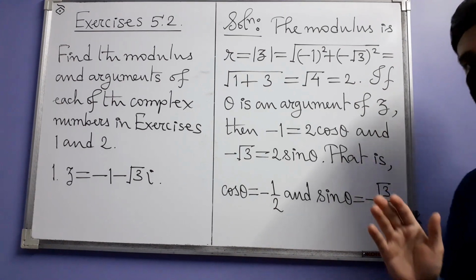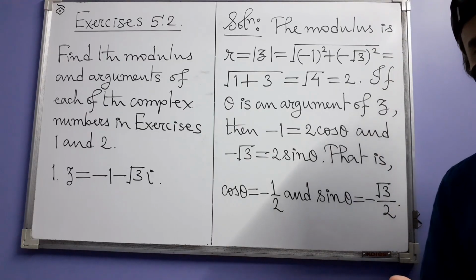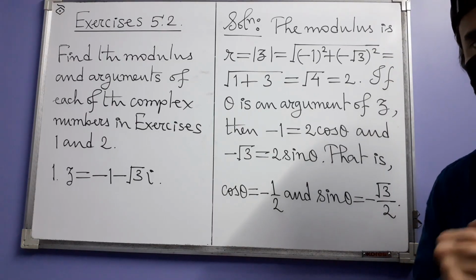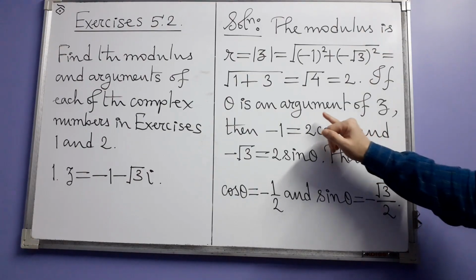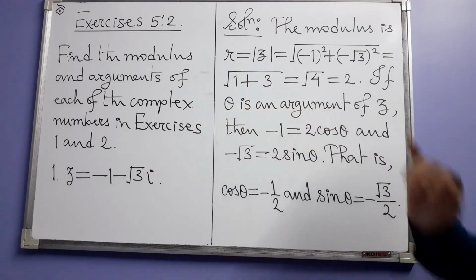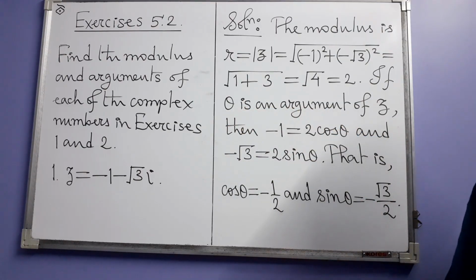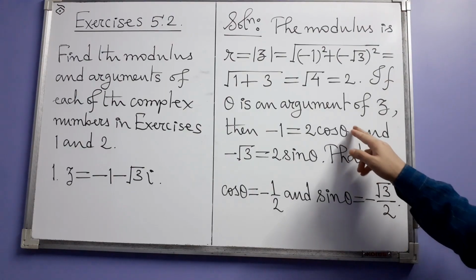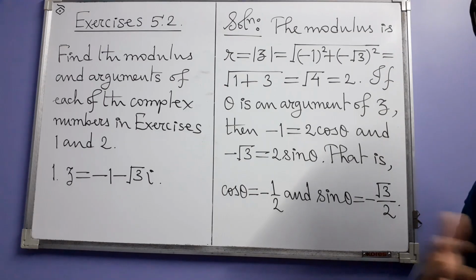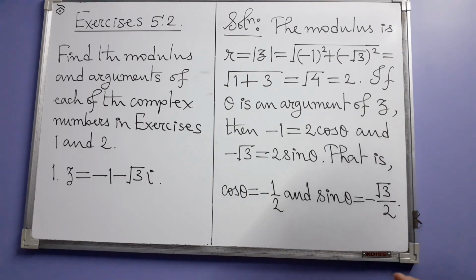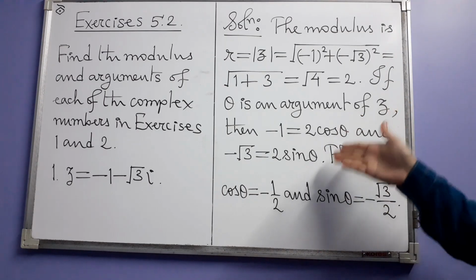Next, we also know that a single complex number has infinitely many arguments. Say our complex number has theta as an argument. It is one of the infinitely many arguments. Then the relationship between theta, r, x and y, that is real and imaginary parts, those relations are these.